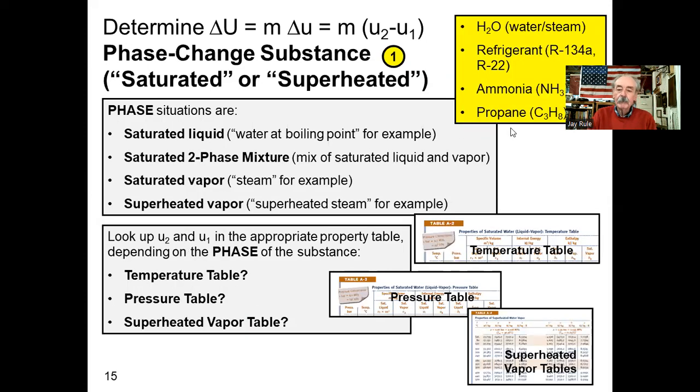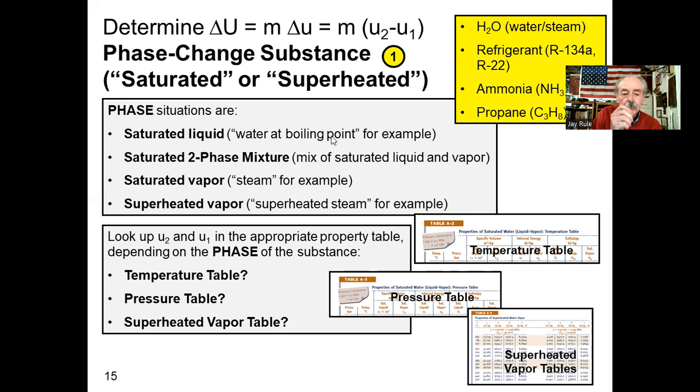All right, so my first category, let's say you have a phase change substance and you've done the hard work to determine that the substance is either saturated or superheated, one or the other of those. Okay, so here's our situations. You could have a saturated liquid, couldn't you? Water boiling point. We're going to go to the next slide that's going to give you a visual of this, but think in your mind before we go there.